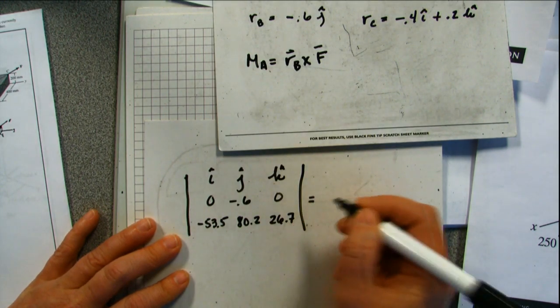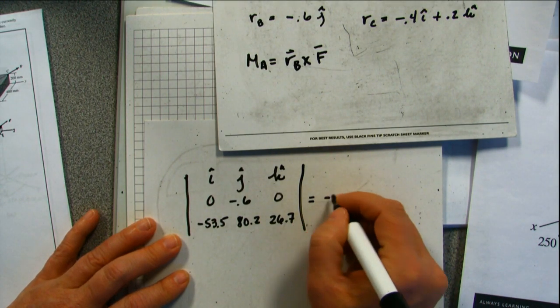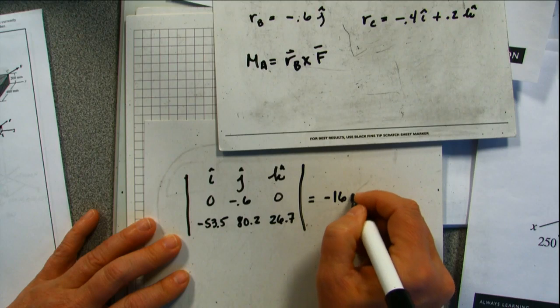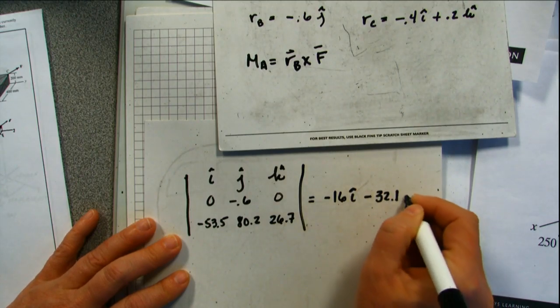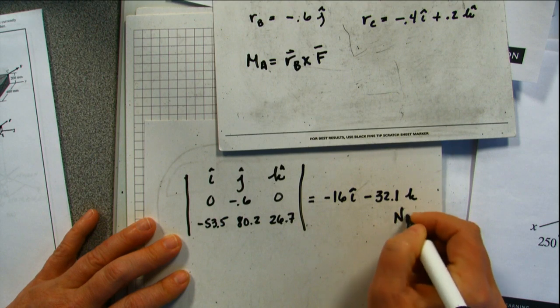And that will work out to be minus 16 in the i, minus 32.1 in the k, and that's newton meters.